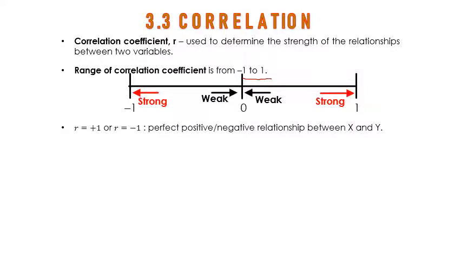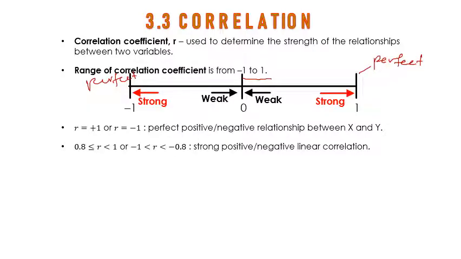So r equals +1 or -1. This is perfect positive. -1 is perfect negative relationship between x and y.